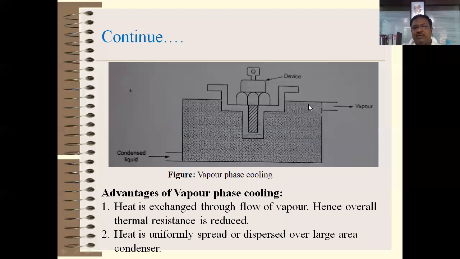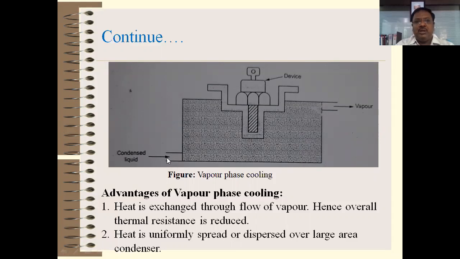So these vapors are taken away from this tank and sent to the condenser. The condenser mechanism is not shown in your figure, so only the output of this tank is shown as a vapor. This vapor is taken out from this tank, sent to the condenser, and after being converted into liquid, it is sent back to the tank through this condensed liquid inlet.